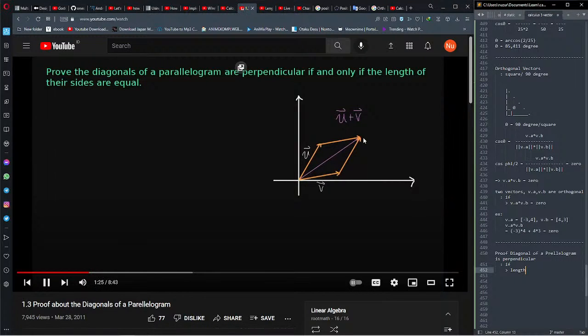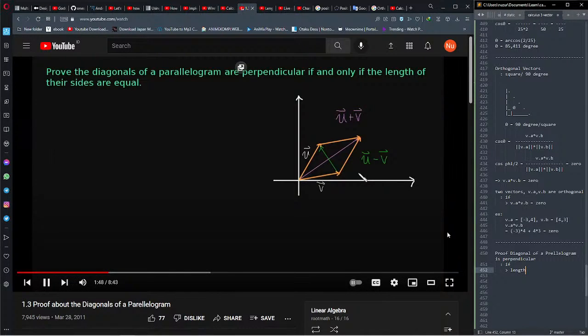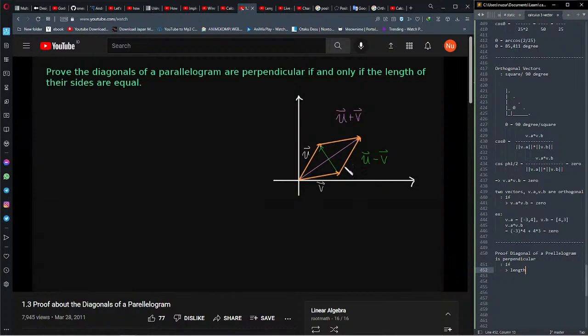Well, the other diagonal is just u minus v. We talked about that in vector subtraction. The vector pointing from the head of one vector to the head of the other is vector subtraction, essentially. Okay, so we have our two diagonals.